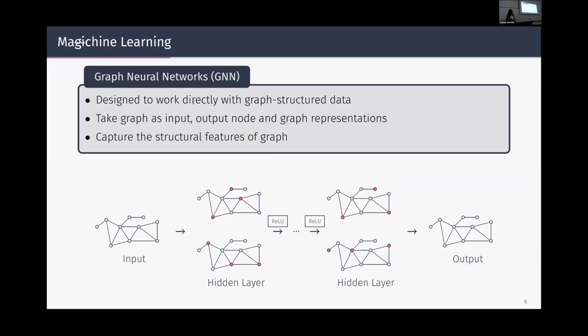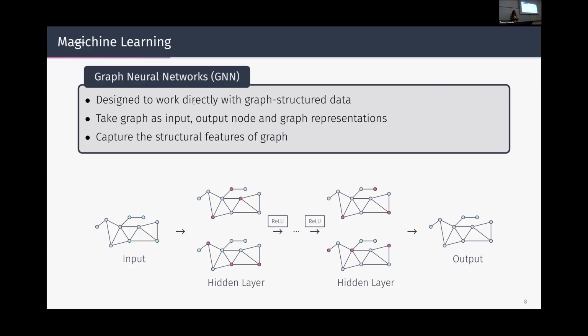I assume you all have a little bit of insight into what machine learning is. And in this work, we in particular use graph neural networks, so GNN, which are neural networks that are designed to work with graph structured data. They take one or more graphs as an input, and they also output a graph.